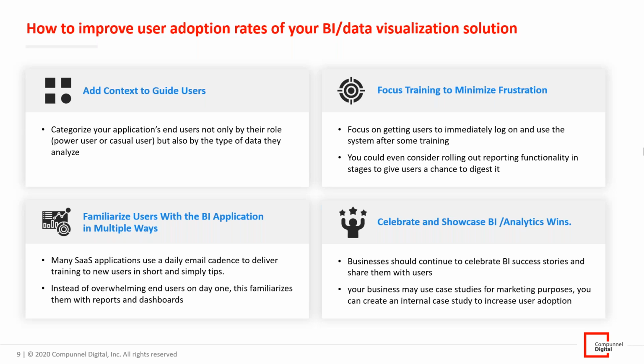It requires a lot of time. For that matter, we need to consider rolling out reporting functionality stage by stage, not all at a time. That is one more thing we can implement so that user adoption will increase.